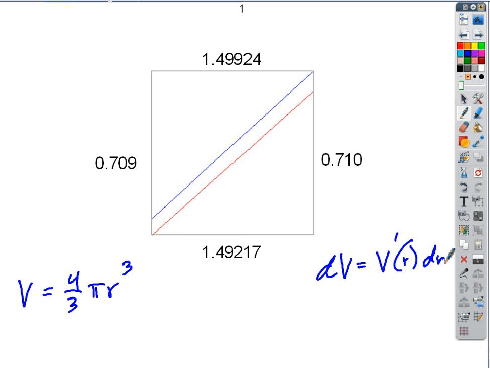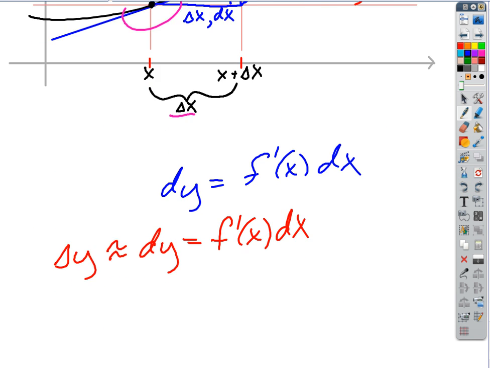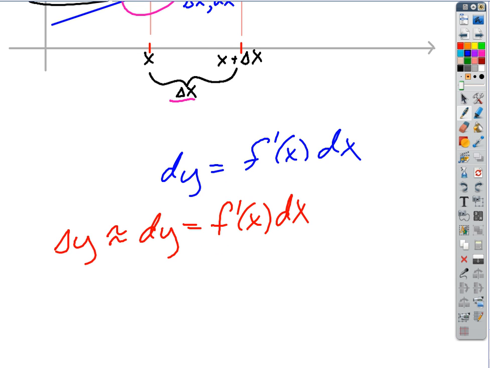If on the last page we said that dy equals f prime of x dx, in this new example, instead of y's we've got V's, and instead of x's we've got r's, and instead of an f we have a V. It's a volume function.